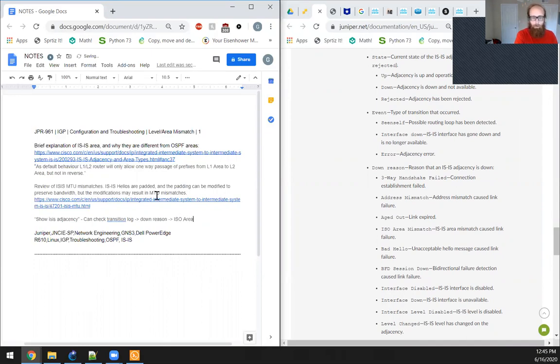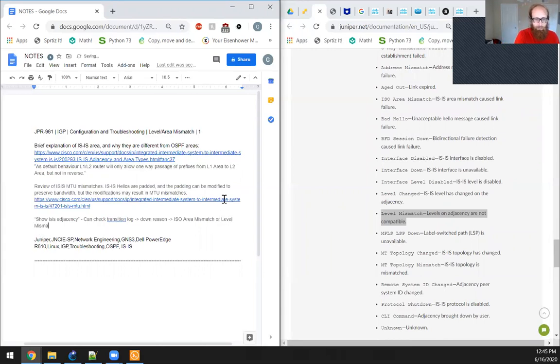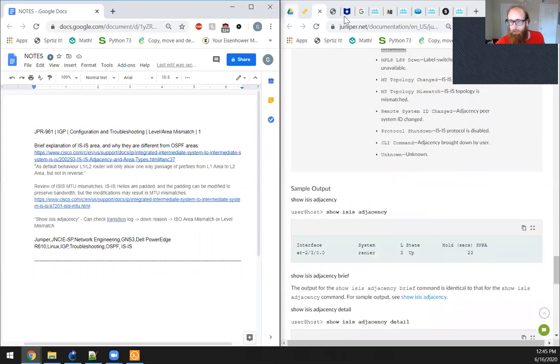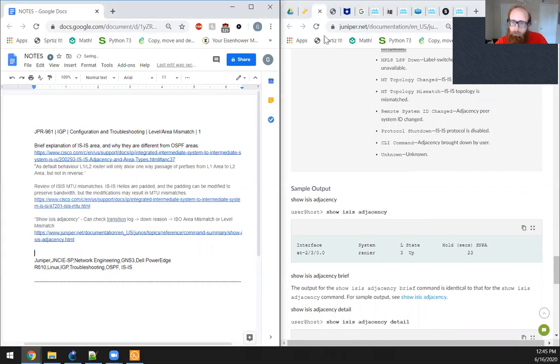So area mismatch or level mismatch. Okay, so that would be really, really good to check. And we'll be able to figure out right away without any trace options, anything like that. One command if this is the problem.